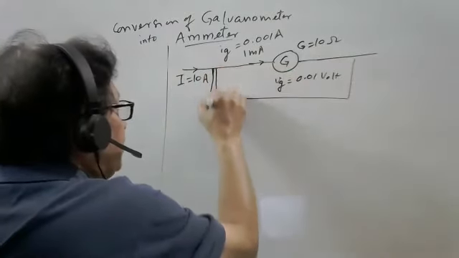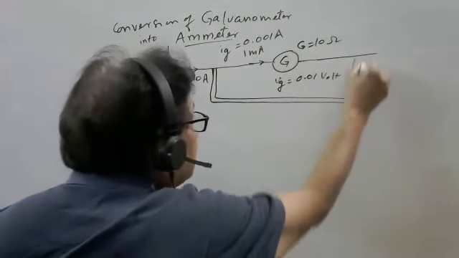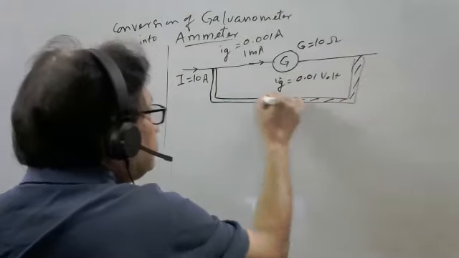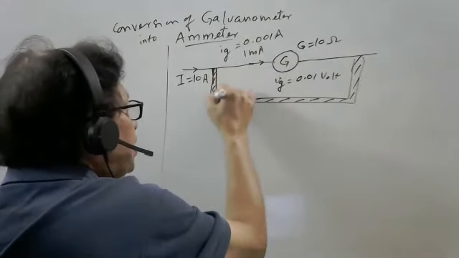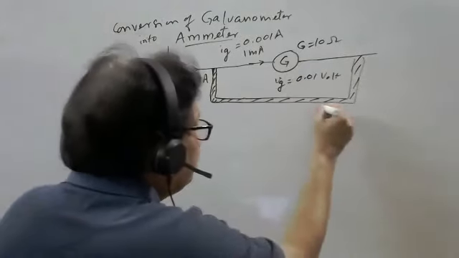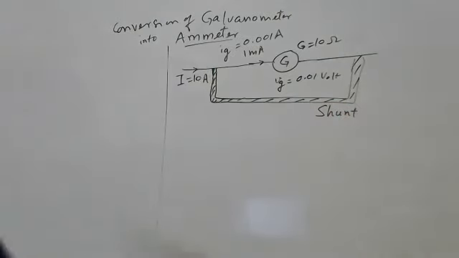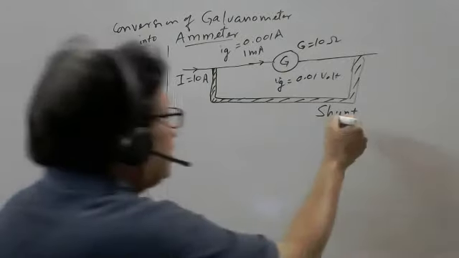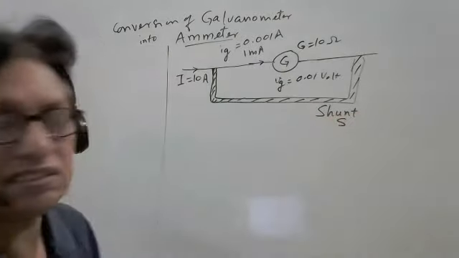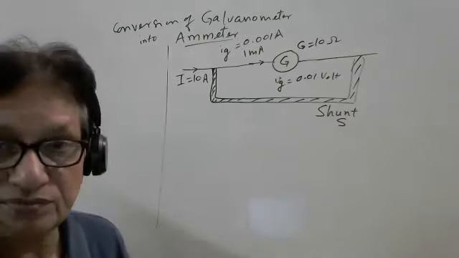And this is a very thick wire here. It is called a shunt. A very small resistance, very thick wire, connected in parallel to the galvanometer. Let us say capital S is the shunt resistance.